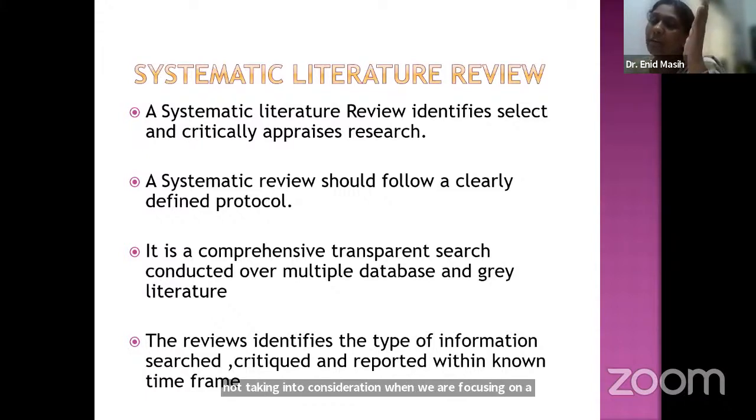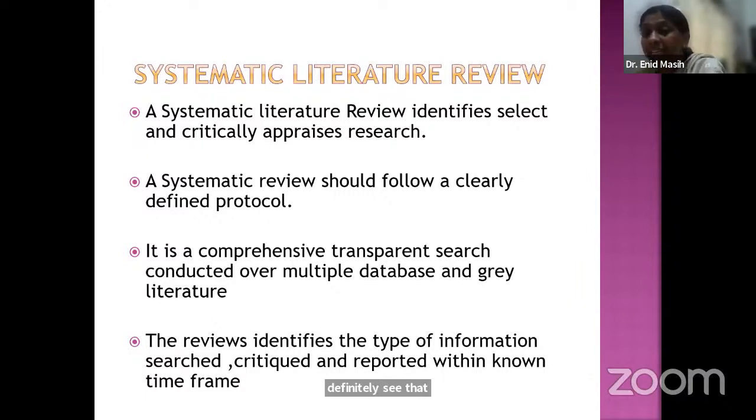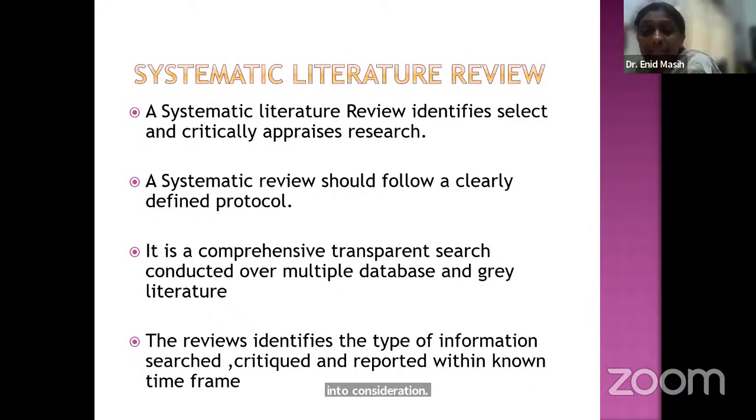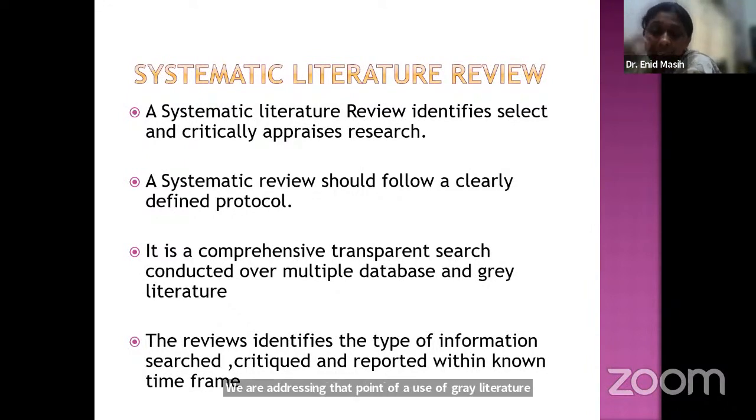But when we are focusing on a systematic literature review, we will also take it into consideration while defining the protocol of our study. If there is a need for grey literature, that must be properly addressed in the beginning, and it should be clearly mentioned in the protocol of our research.